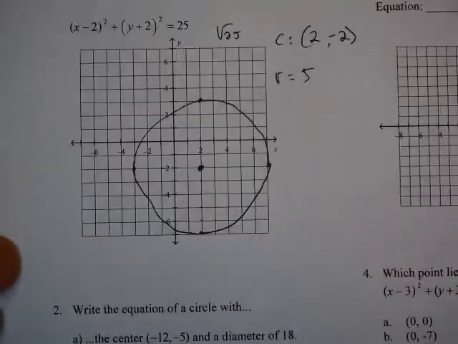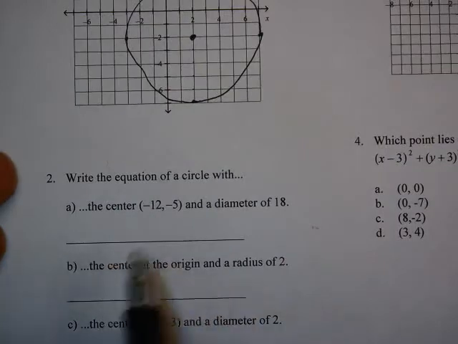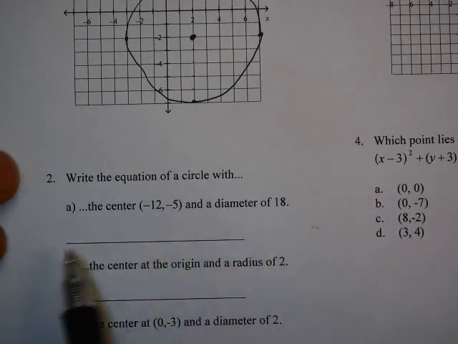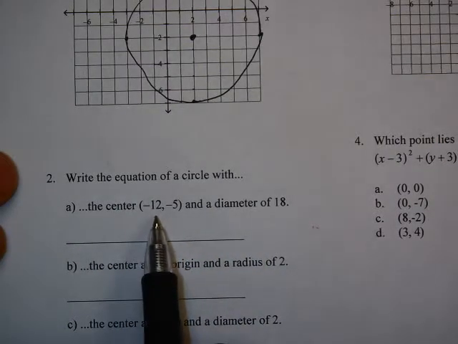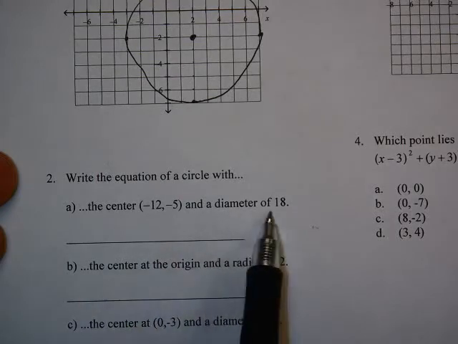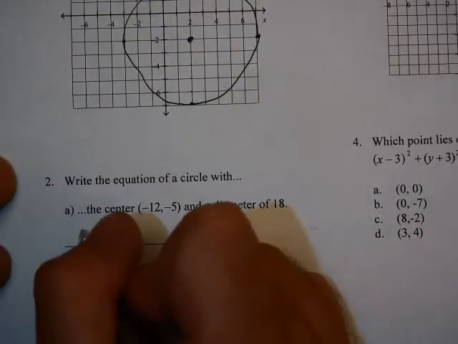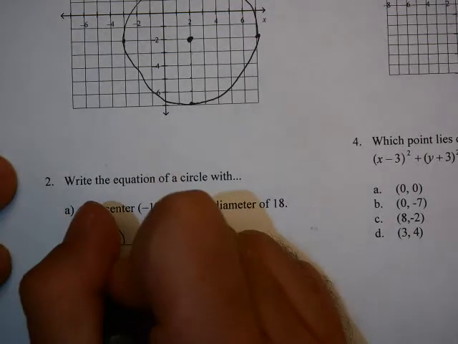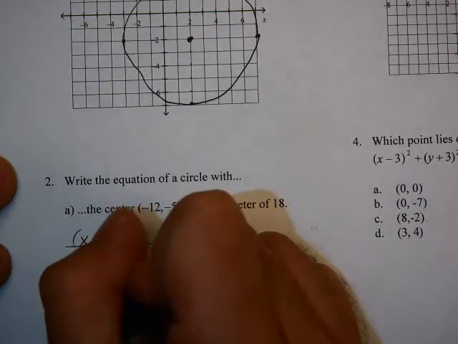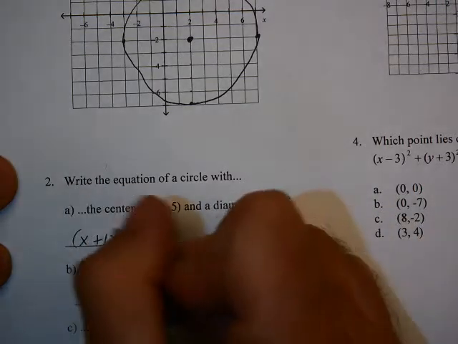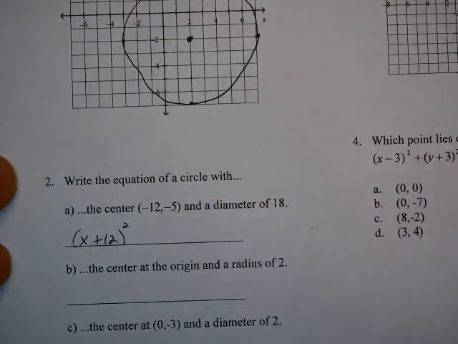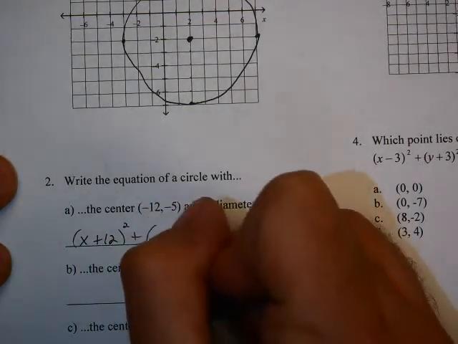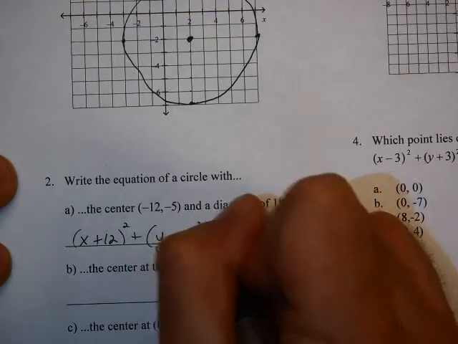Moving on to number 2, now we're asked to write the equation given this information. Part A, we have a center at (−12, −5) and a diameter of 18. Now the center, this x-coordinate negative 12 will go in with the x. It becomes plus 12, again changing the signs like last time. (x + 12)² + (y + 5)² equals.